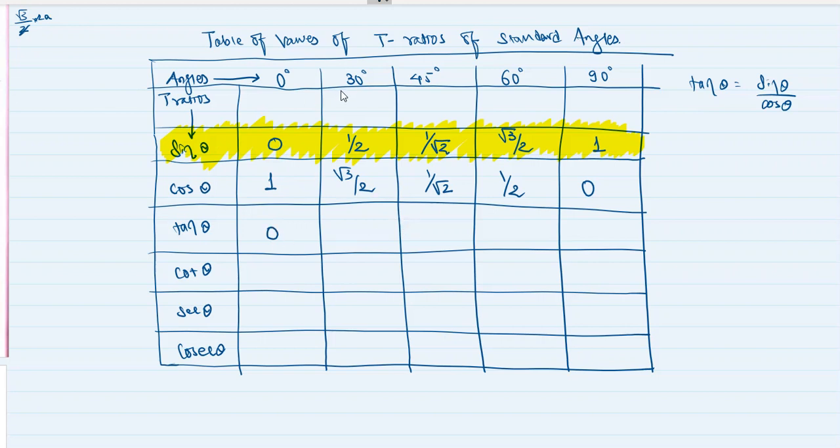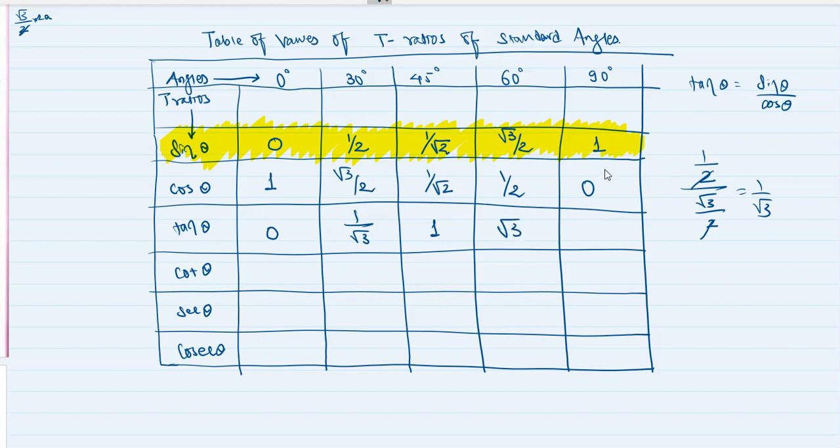Tan 30 degree, 1 by 2 upon root 3 by 2, which is 1 by root 3. Just divide directly and you get the value of tan 30. Tan 45, 1 by root 2 divided by 1 by root 2, which is 1. Sin theta upon cos theta, that's what I'm doing, okay? Tan 60, root 3 by 2 upon 1 by 2, root 3.